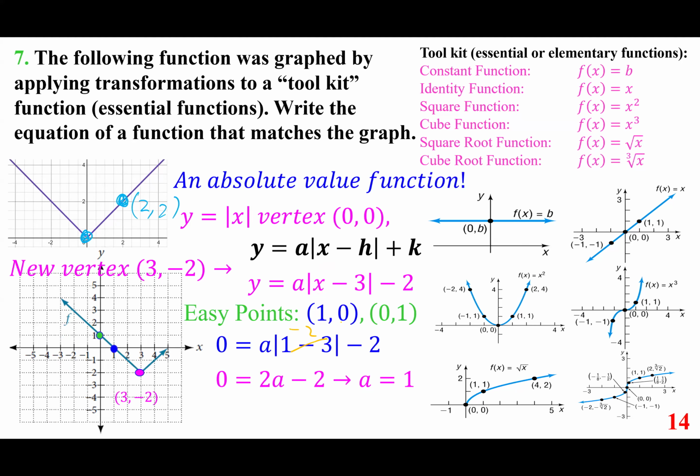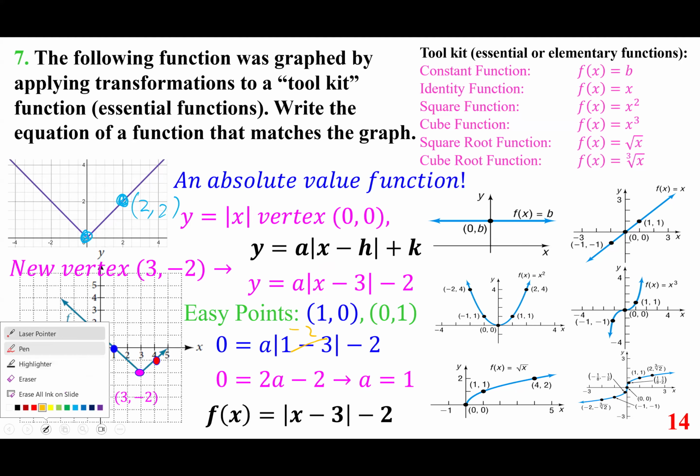And we replace it, and we get f of x equals absolute value of x minus 3, minus 2. Now, what I highly recommend, and I'm going to leave it for you to do, is to check with another point. Remember, we used this point, right? So check with this point, for example, and make sure it works.